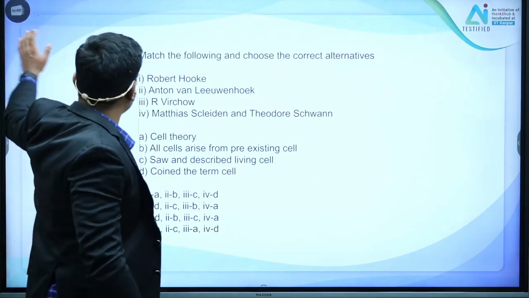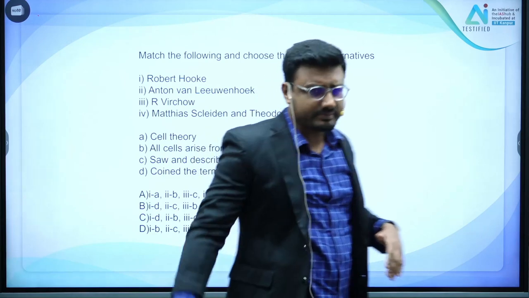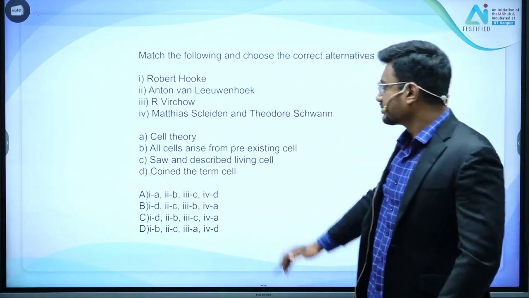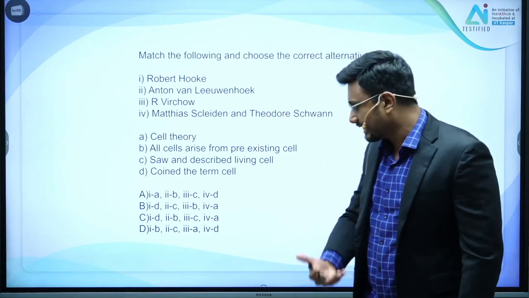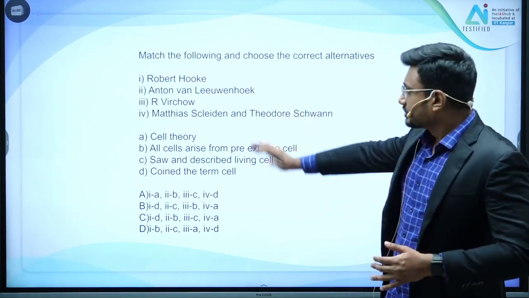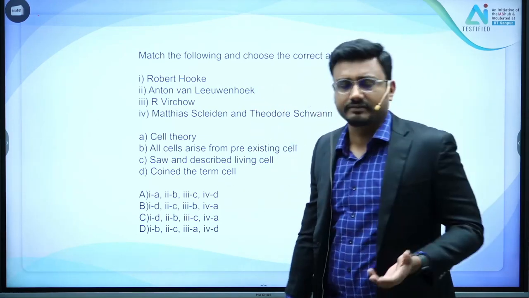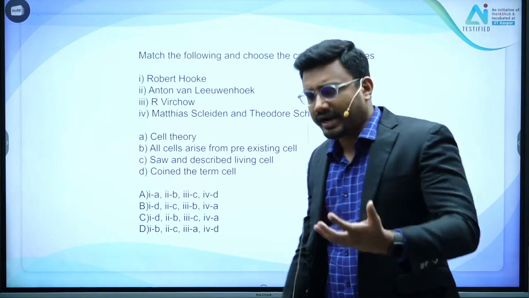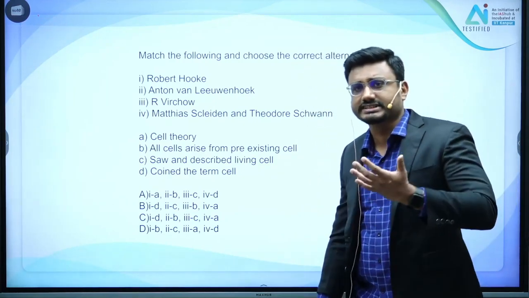From the discovery of the cell, the following questions can be asked. Now let's go through this match the following question, and understand the concept of the discovery of the cell with the help of this question. Robert Hooke, in the previous slide we understood that he observed some slices of cork. What was the significance of his observation?